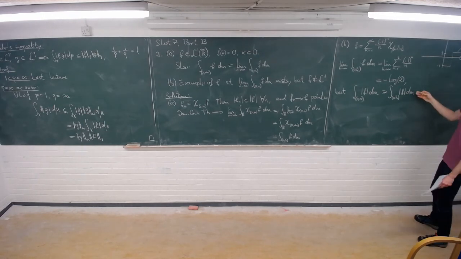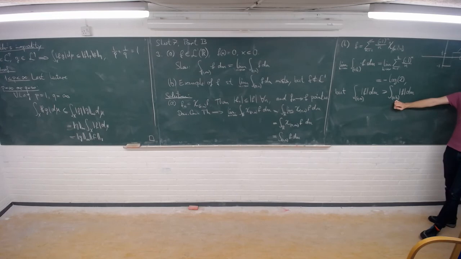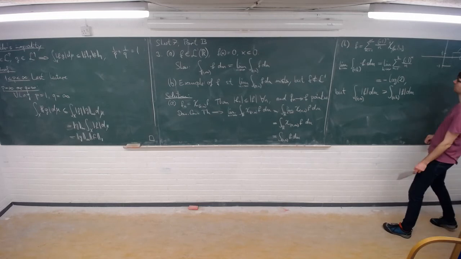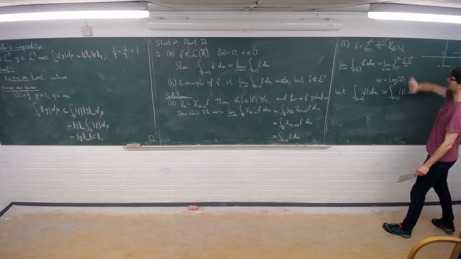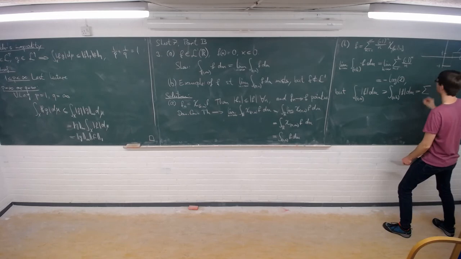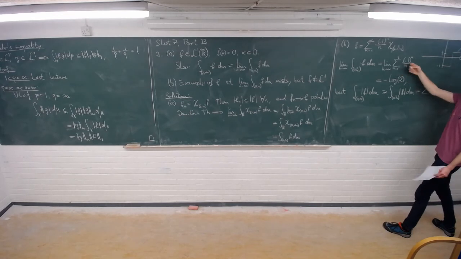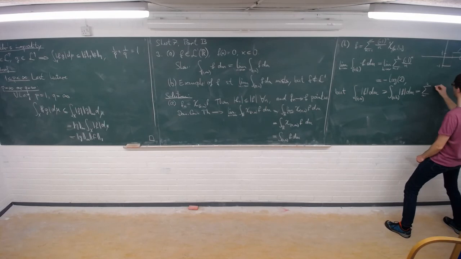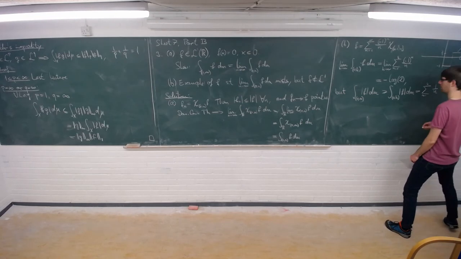And now this integral from 0 to k is just the integral of a simple function, so we can easily compute it. Just this value times the length of these intervals. So this is the same as this, but without the minus 1. Sum n equals 1 to k, 1 over n.